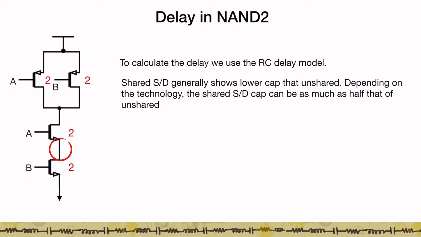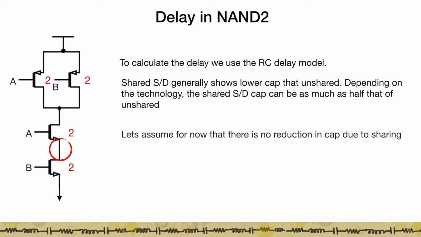If you look at the stick diagram of this NAND 2 gate, you will see that you can share the source of A with the drain of B. And generally in old technologies, when you shared this junction, the same N plus junction between these two, the capacitance associated with this node, instead of being due to 2 junctions, was associated with only 1 junction. So generally shared source drain capacitances tended to be smaller.